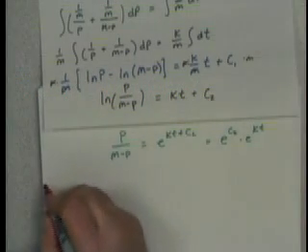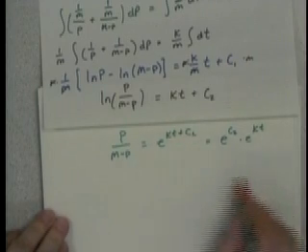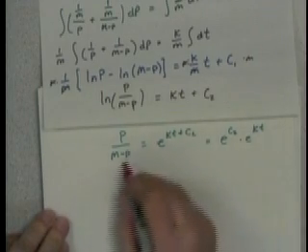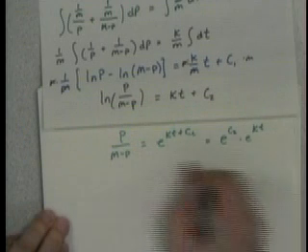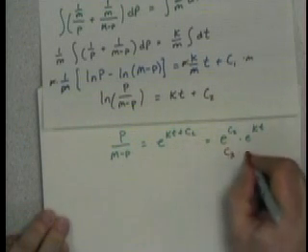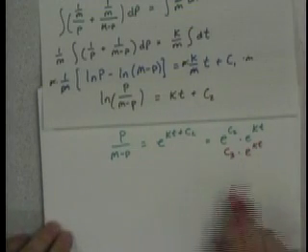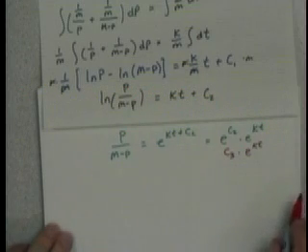And if you wanted to, right now might be a good time to solve for that initial condition, but I'm going to write this for now. I'm going to call it c3, just so I don't have to keep writing e to the power down.